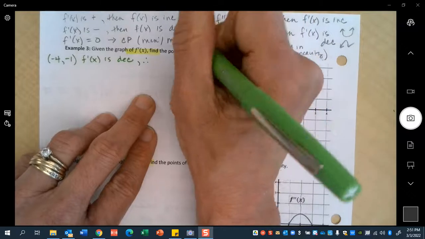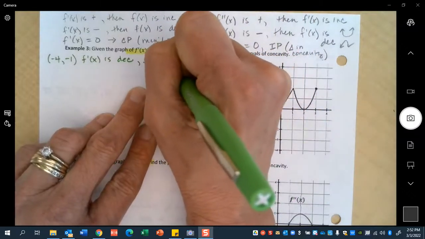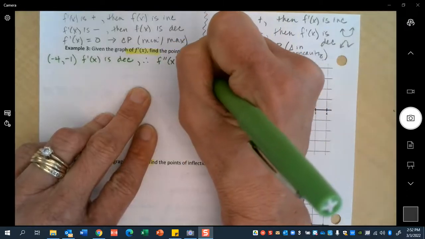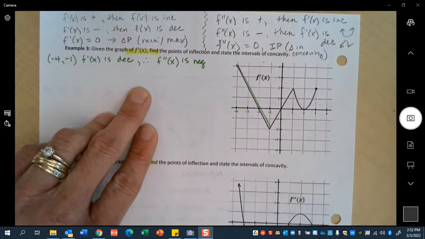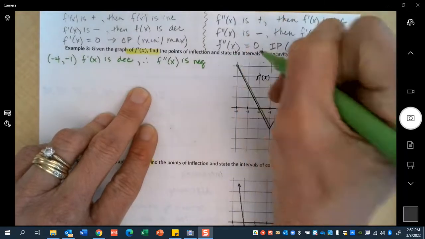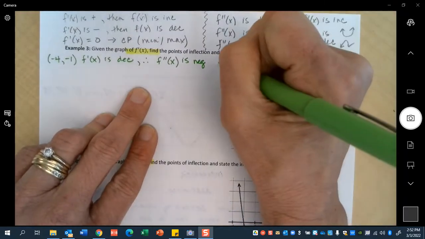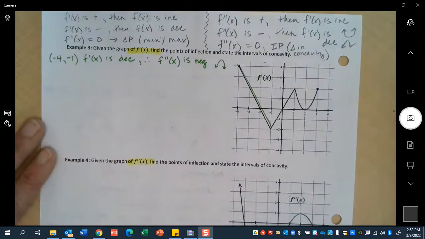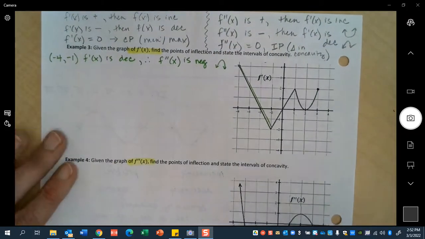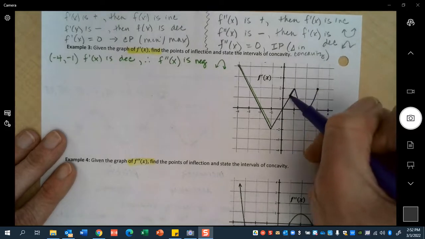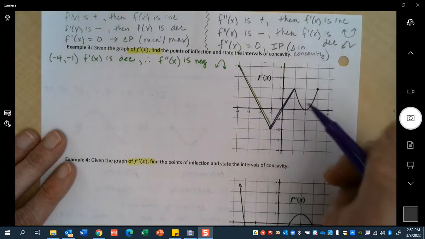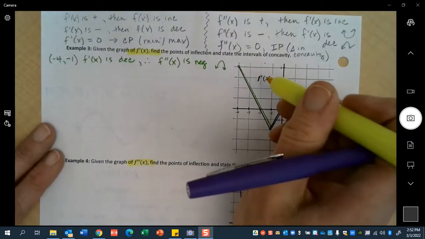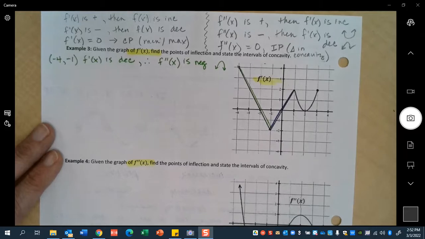Therefore, my second derivative is negative, which means that my original graph is concave down. Let's talk about this interval. Remember, this is my derivative graph. It is the graph of my derivative, not my original function.